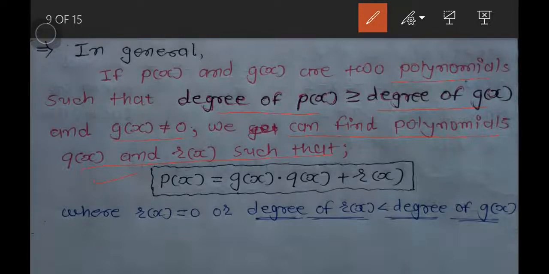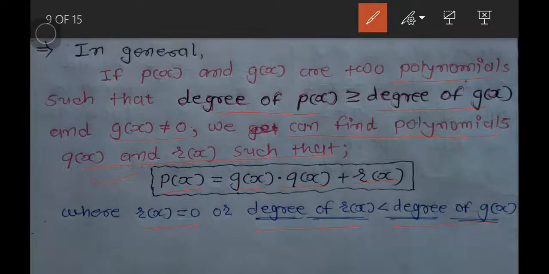We know that p of x is our dividend polynomial, g of x is our divisor polynomial, q of x is our quotient polynomial, and r of x is our remainder polynomial. We continue this process until r of x is equal to 0, or the degree of r of x is less than the degree of g of x.